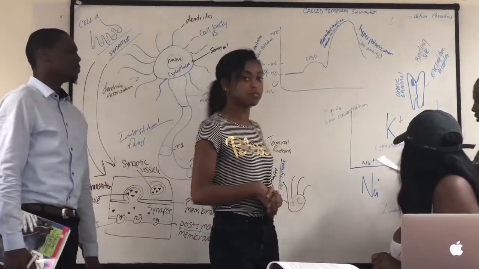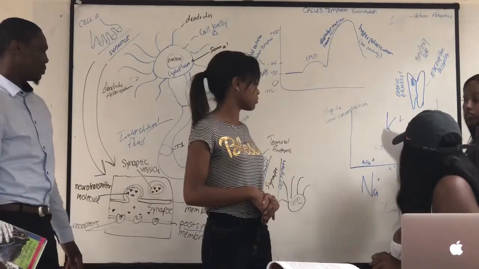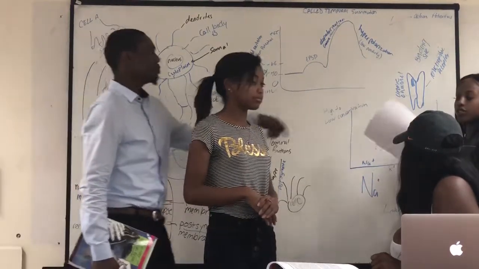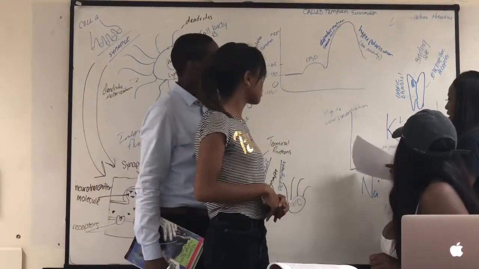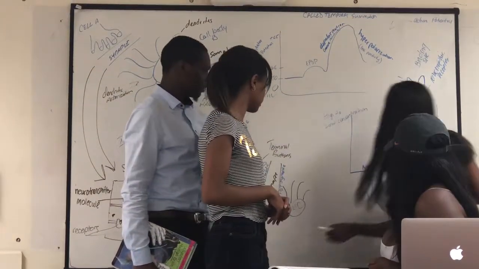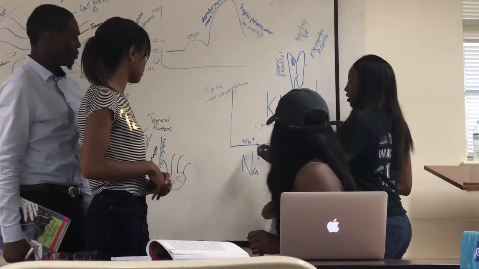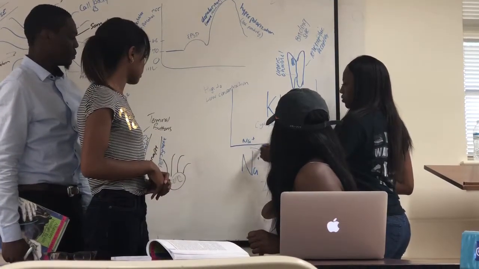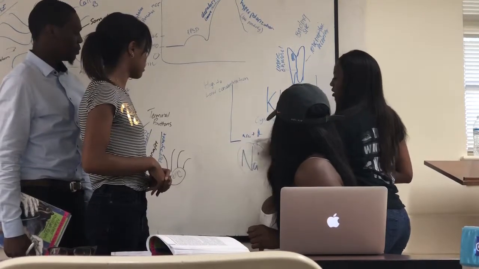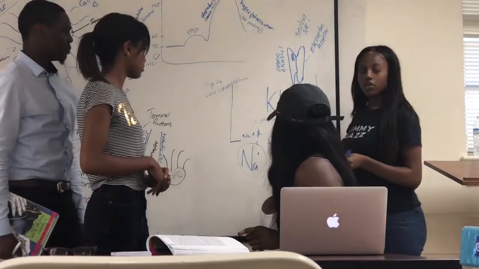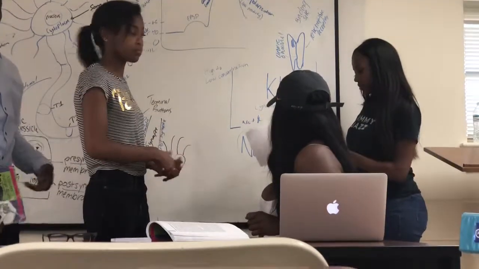Okay, when the receptor is open, when the neurotransmitter is trying to bind to the dendrite, it causes an opening in the cell, which is cell B, and it causes sodium to be able to enter into the cell through osmosis and electrostatic pressure.